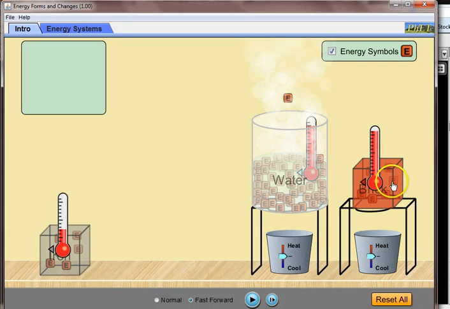Yeah, that's the idea. It has fewer energy particles, so if you provide less energy, the temperature should rise much faster. If you have a bigger container of water, it's going to take even longer to reach the same temperature. It's going to have more energy, but it's going to take longer to raise the temperature by the same degree.